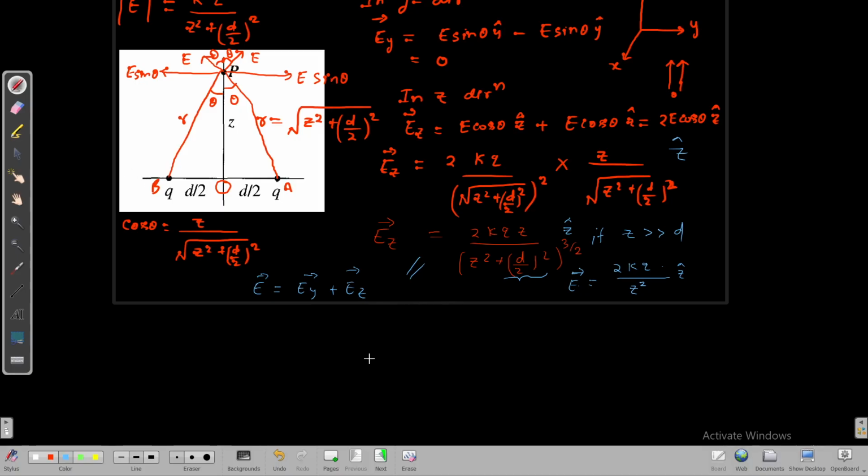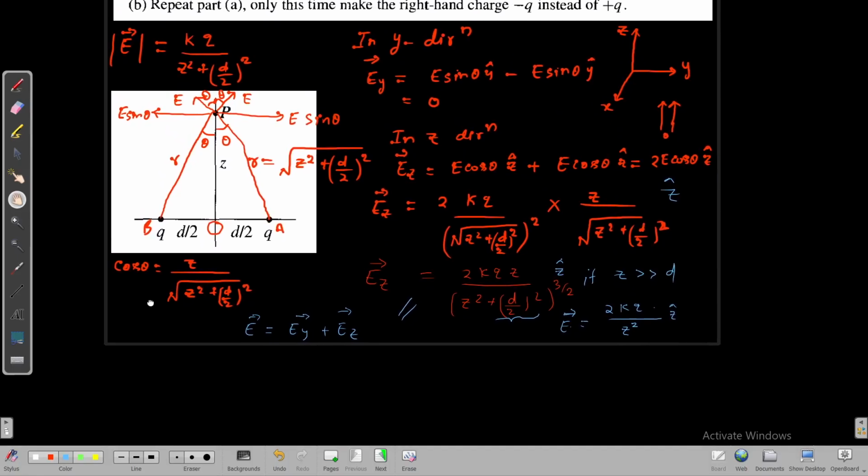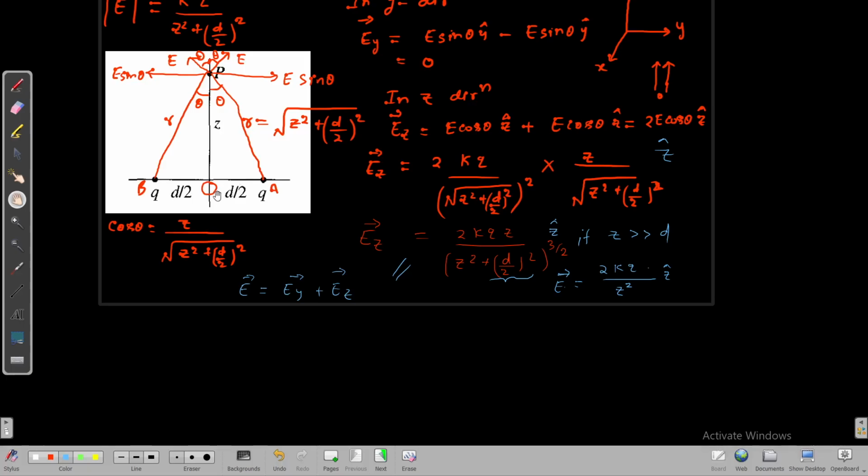If z is very greater than d, what does it mean actually? Can you feel that there is no significance of the separation between them?